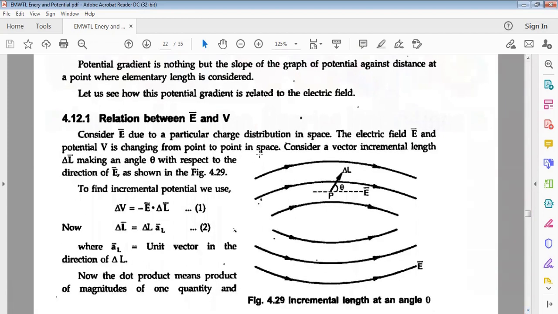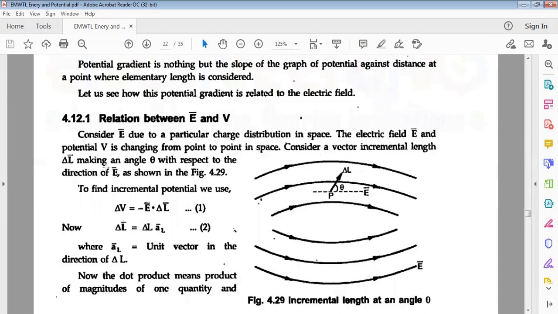Now the relation between E bar and V. Consider E bar due to a particular charge distribution in space. The electric field E bar and the potential V change from point to point in space.